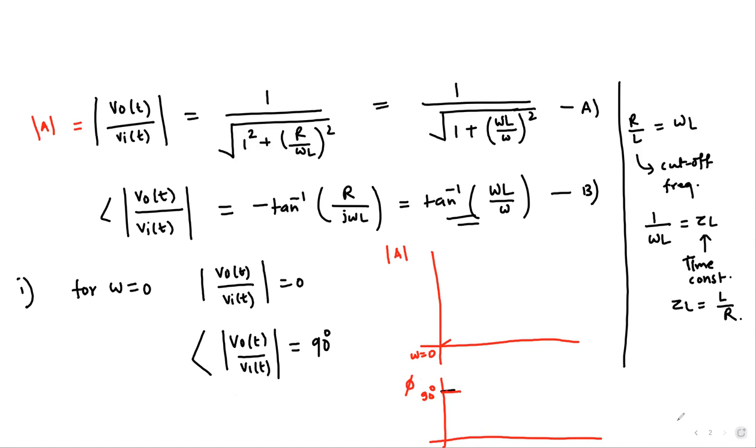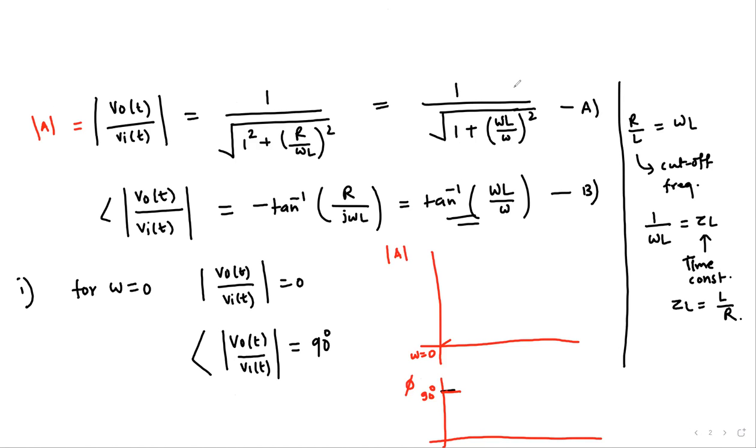So for the second case, if we take a look at this, for omega equal to omega L, which is at the break frequency, in that case you have the value of magnitude that can be seen over here. We are referring to this equation. Okay, so this factor becomes 1, so 1 by root 2.